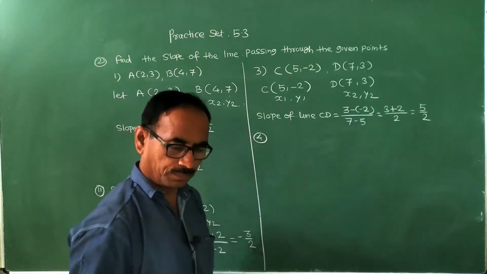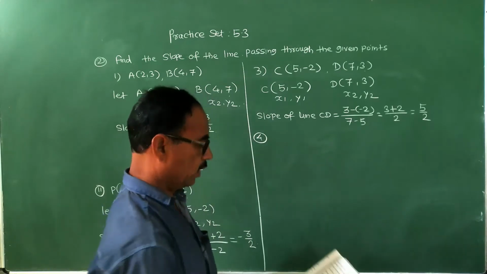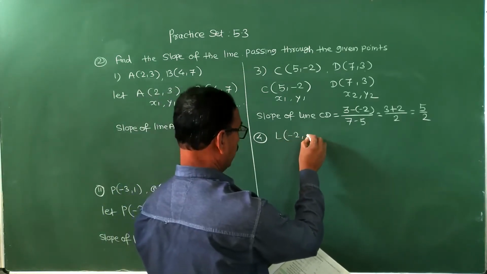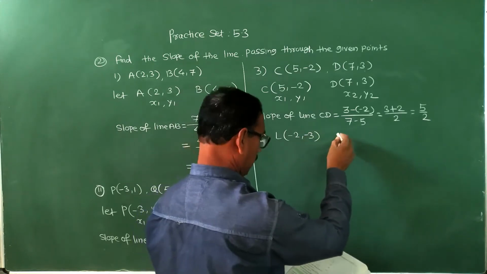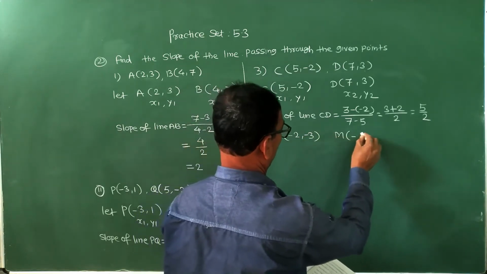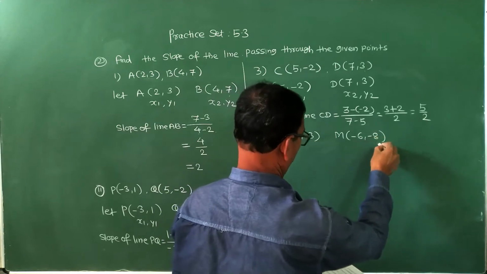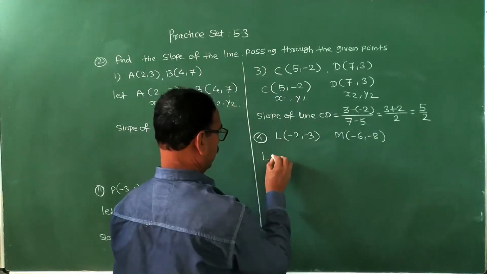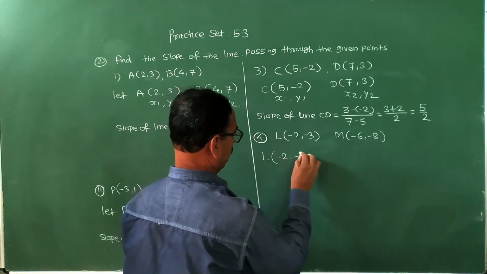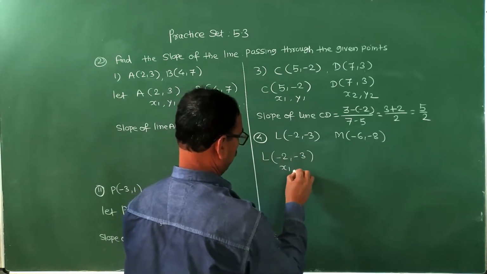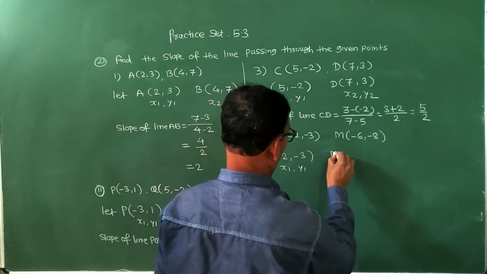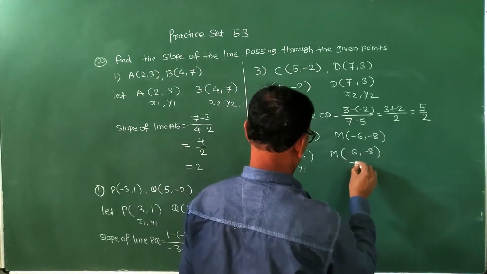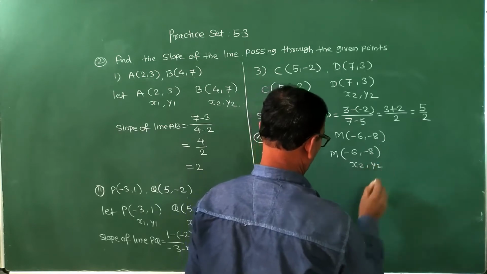Fourth example, we have given point L, that is (-2, -3), and M (-6, -8). Let L is a point (-2, -3). This is our x1, y1. M is point (-6, -8). This is x2, y2.